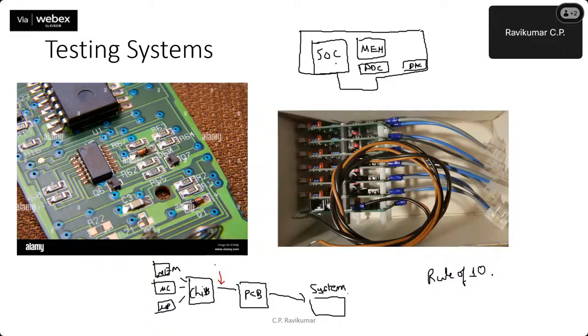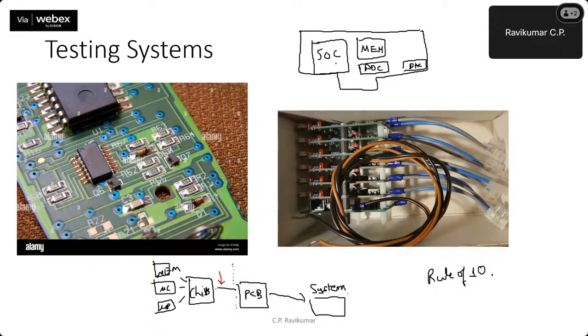So we have high quality control, low DPPM, right? And the user who is receiving the order, people purchase chips in very large quantities, and they integrate them into their system.